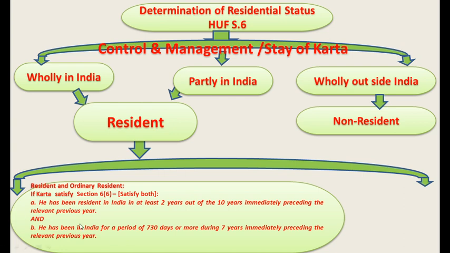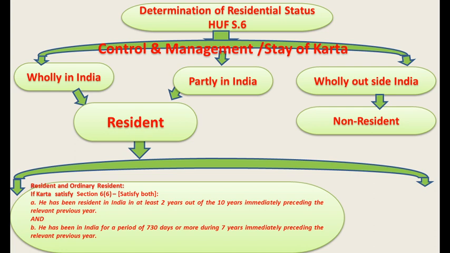These conditions are: first, the karta has been resident in India for at least 2 years out of the 10 years immediately preceding the relevant year. Relevant year means the year for which the tax liability is being considered. So the karta should be a resident of India for at least 2 years in the last 10 years before the previous year.